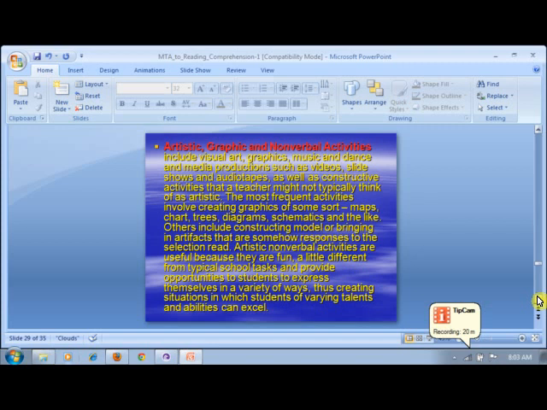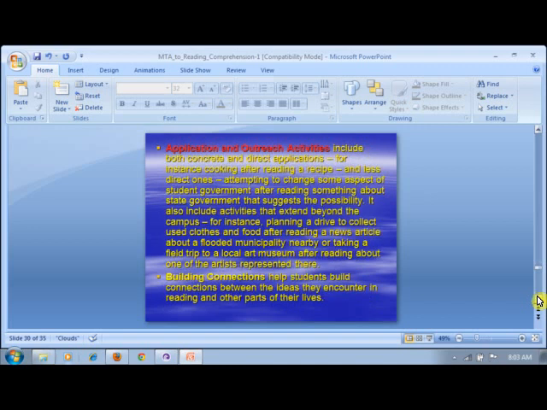Others include constructing models or bringing in artifacts that are somehow responses to the selection read. Artistic nonverbal activities are useful because they are fun, a little different from typical school tasks, and provide opportunities for students to express themselves in a variety of ways, thus creating situations in which students of varying talents and abilities can excel.